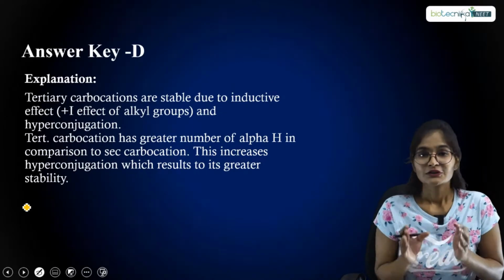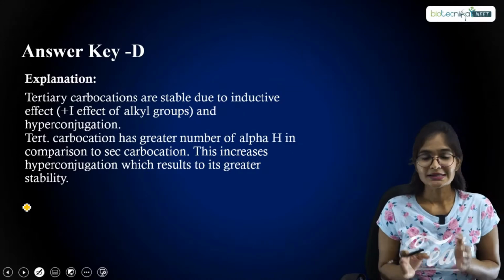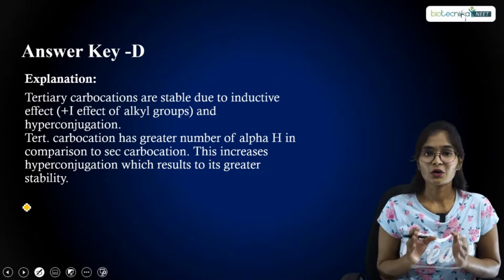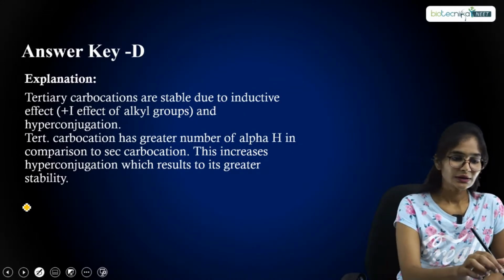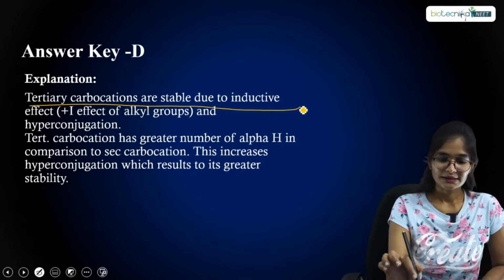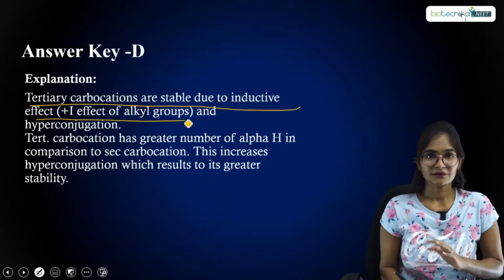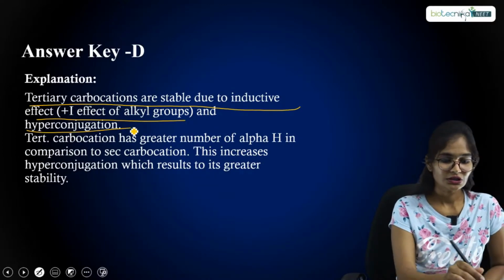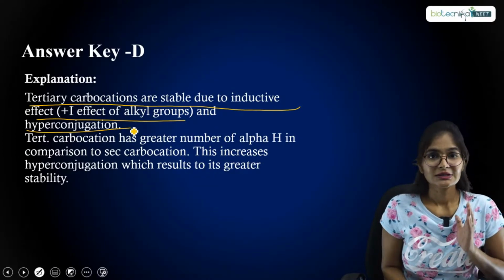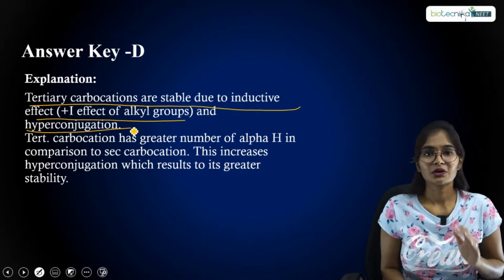This mainly stabilizes the carbocation, and that's why option D has to be correct here. The tertiary carbocation is stable due to the inductive effect, that is the plus I effect of the alkyl group, and hyperconjugation also, and hyperconjugation is more dominating over all the remaining effects.